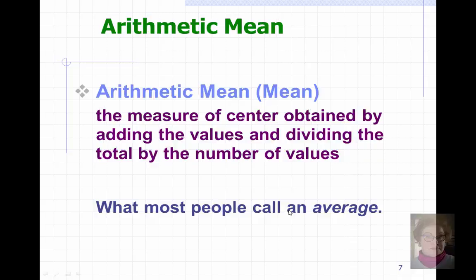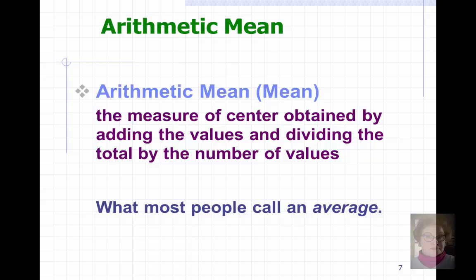The first thing we're going to talk about is the arithmetic mean. The arithmetic mean is the average that you have used most of your life. Now, in statistics, an average means any measure of center. So we need to use more specific language.